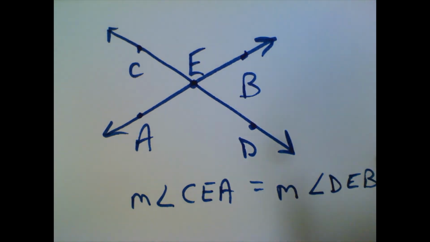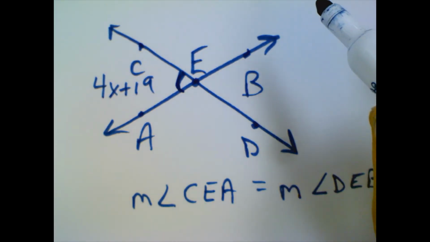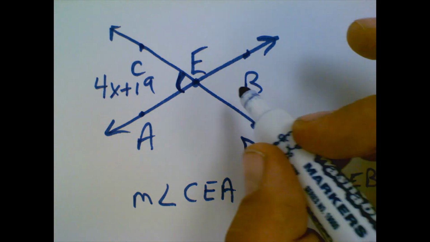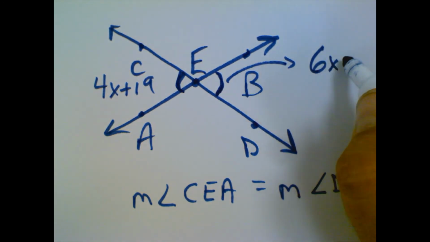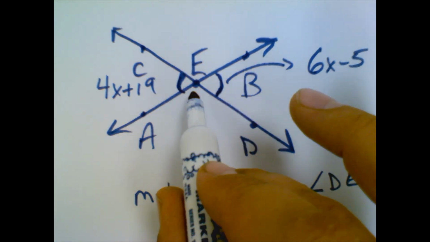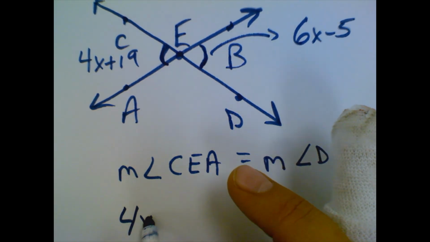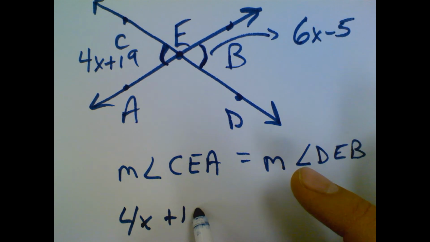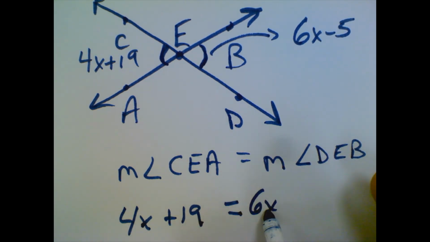This measured angle here is 4x plus 19, and this angle is 6x minus 5, and we know these are congruent, so we can set each expression equal to each other and solve. So 4x plus 19 has to equal 6x minus 5.